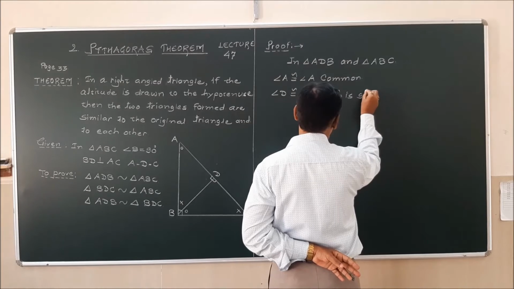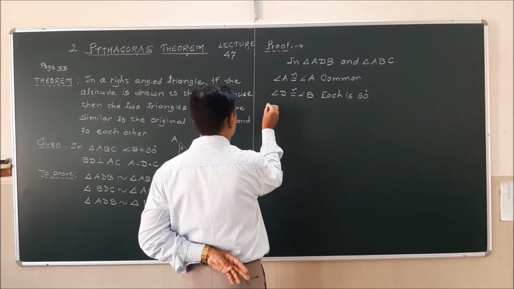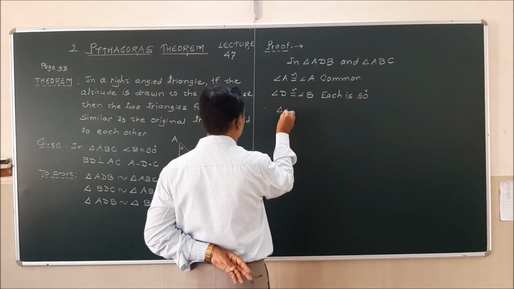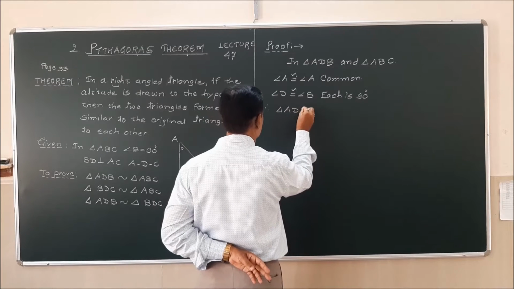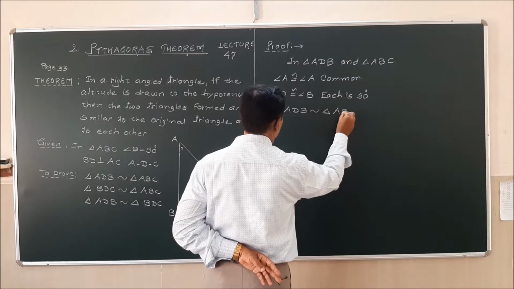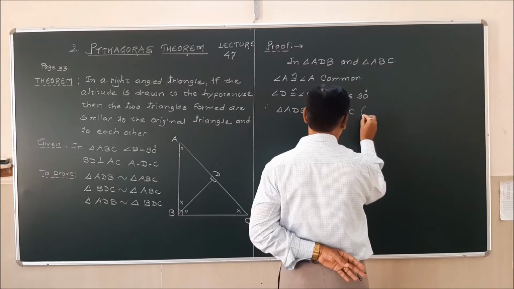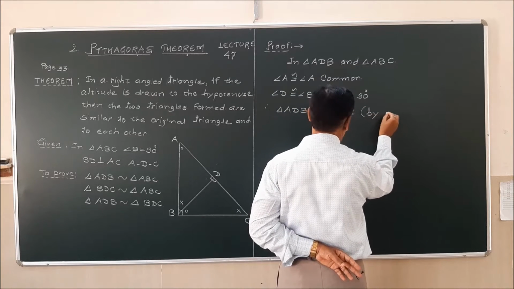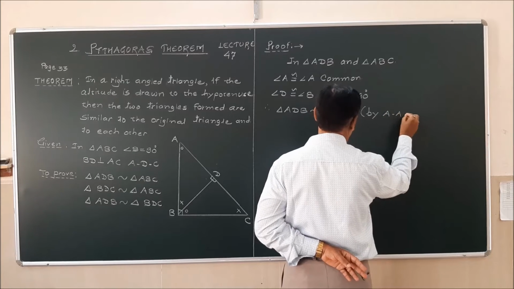Therefore, triangle ADB is similar to triangle ABC by AA test.